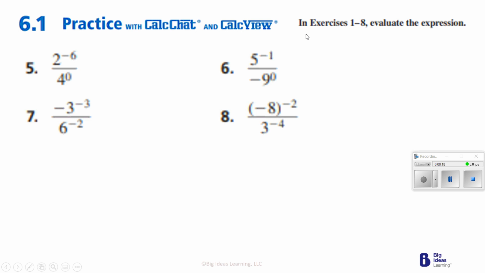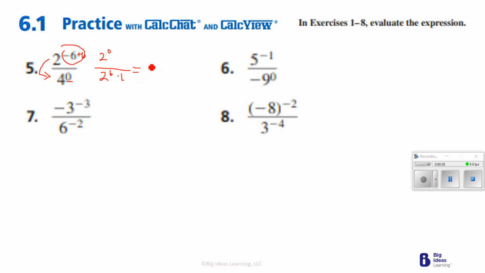All right, over here it says evaluate the expression. I know that the rules say that if I have a negative exponent, I'm going to bring it down to the opposite side. I also know that a power to the 0 power equals 1. So this is going to equal 2 to the 0 power over 2 to the 6th power times 1.